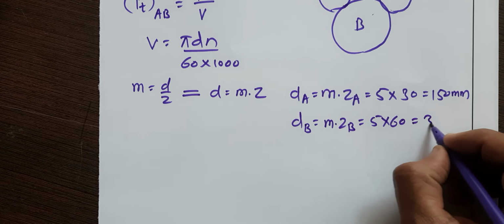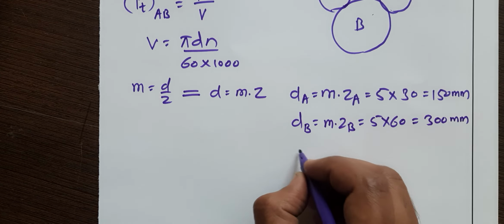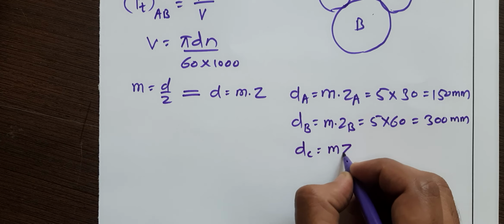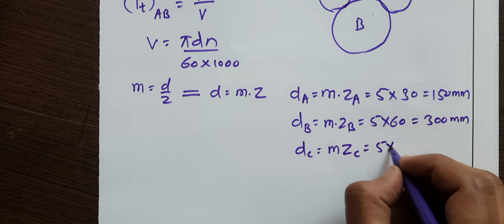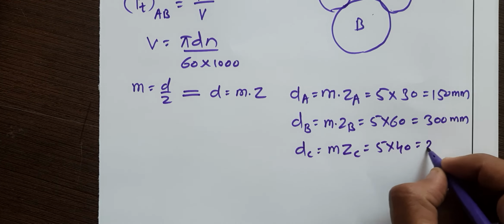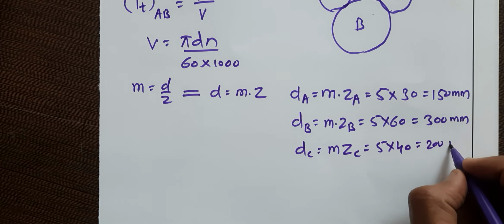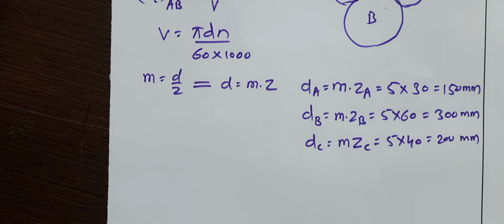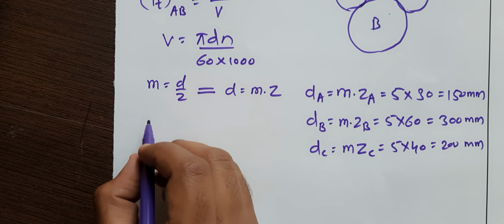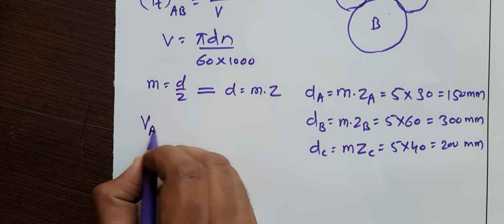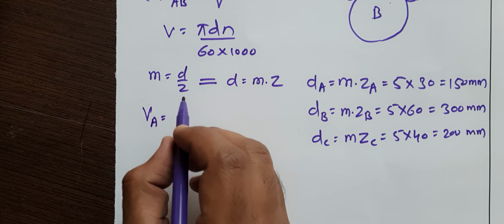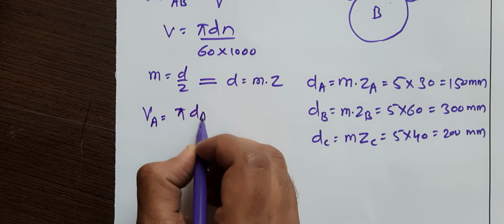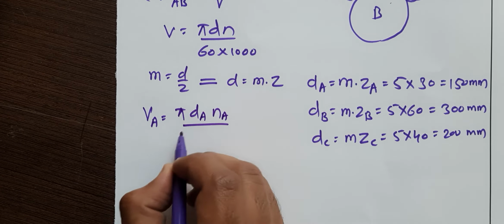It is 300 mm. And dC is m into zC, 5 into 40, 200 mm.